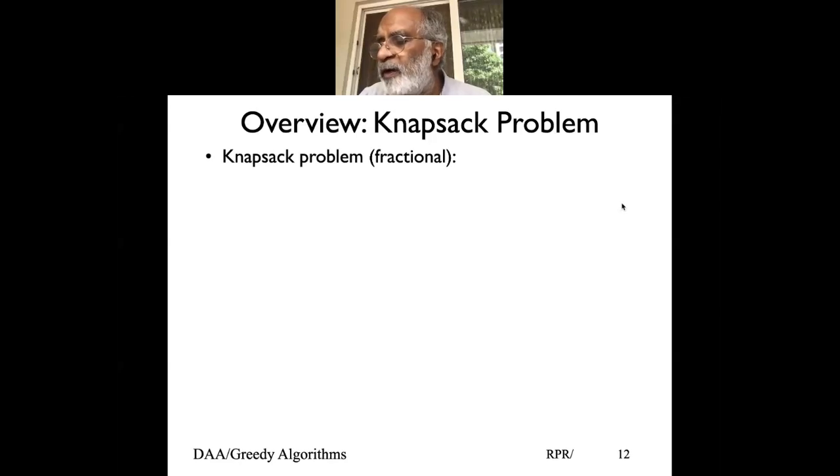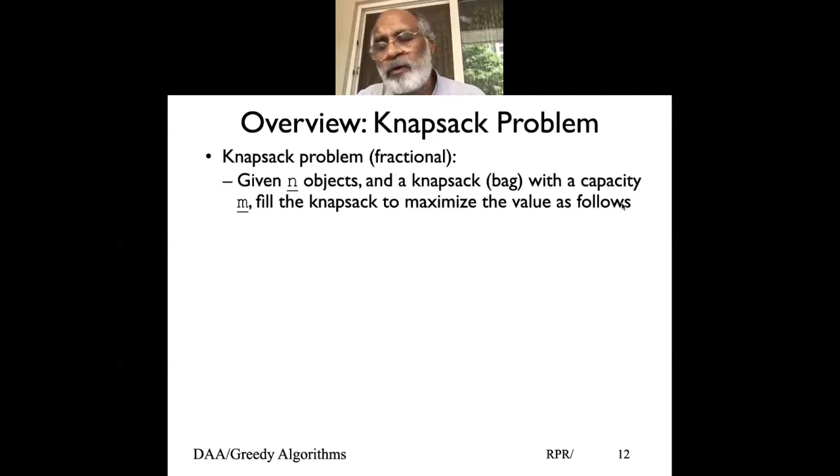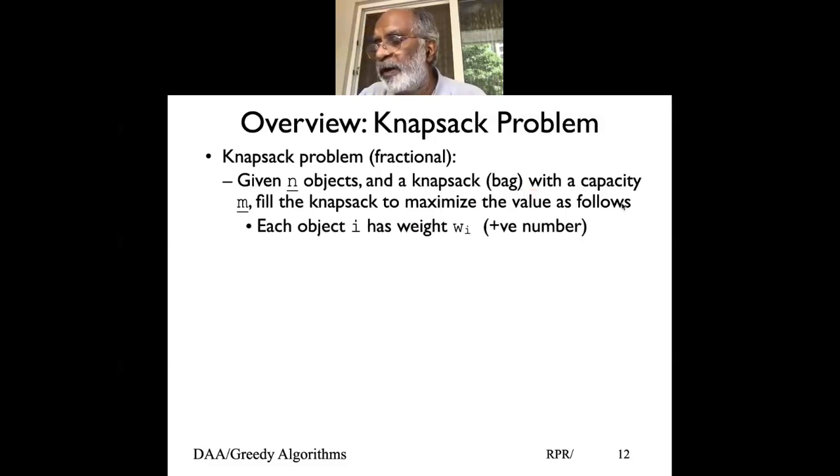So formally, we can define the knapsack problem as: given n objects, like we have seen in the flower case, given 4 objects and a knapsack bag with a capacity, like a vendor bag of 20 kg, which is M equal to 20 kg. We need to fill the knapsack so that we maximize the value as profit, in such a way that each object has a weight wi, which is given there, the roses, lilies, in the same way.